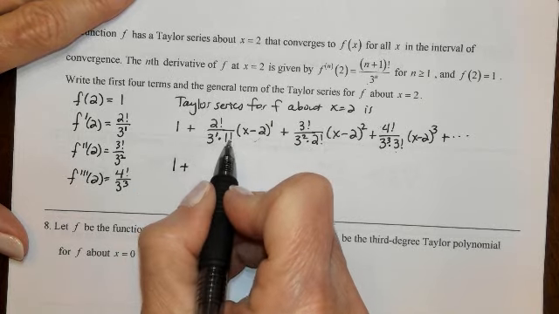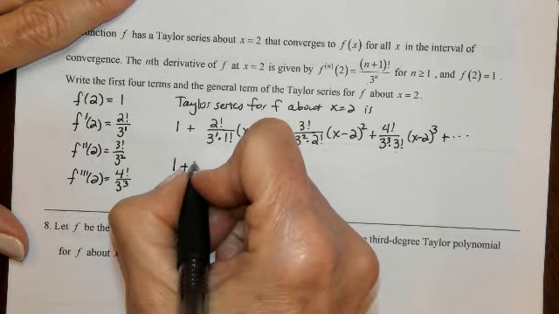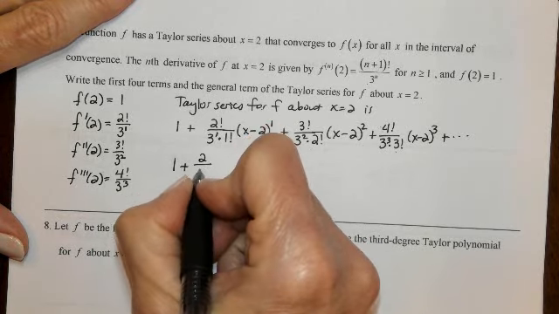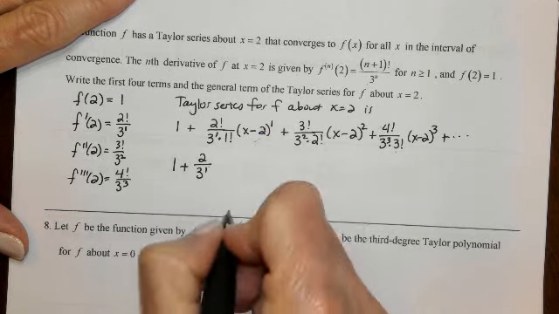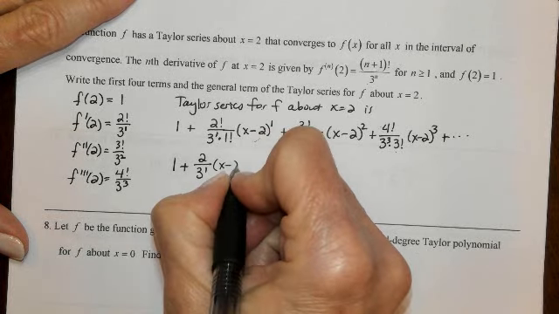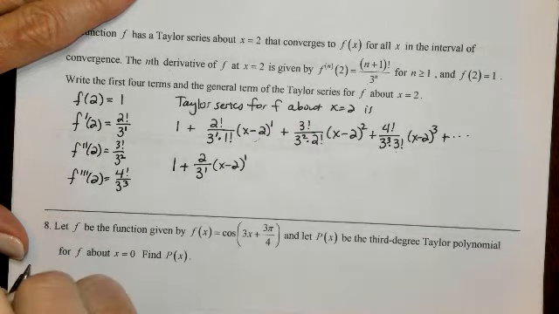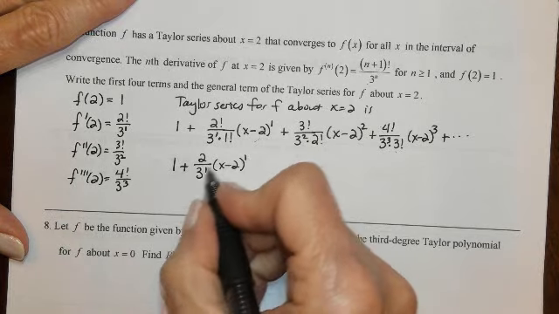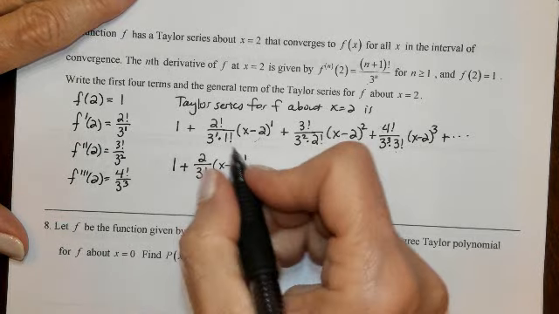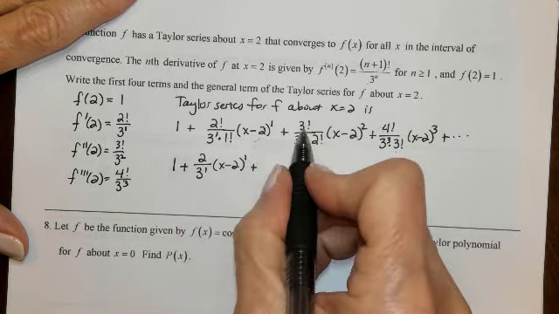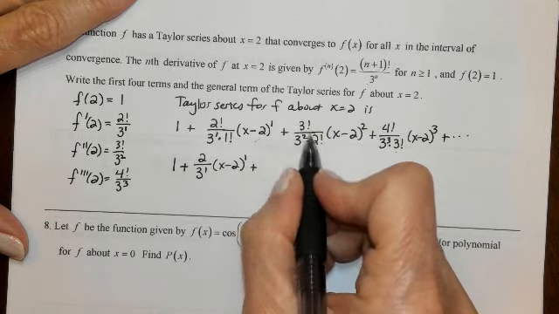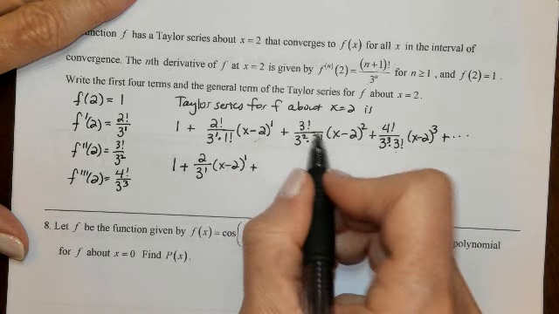2 factorial divided by 1 factorial is 2 on top. You don't have to put the 1 powers there, but you can if you want to. 3 factorial divided by 2 factorial leaves a 3 on top.